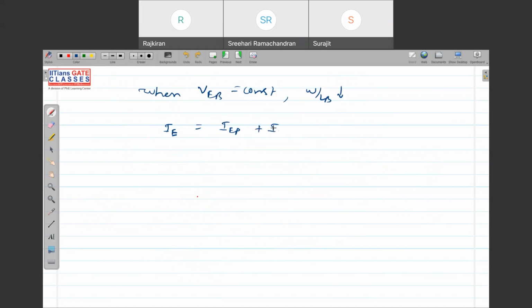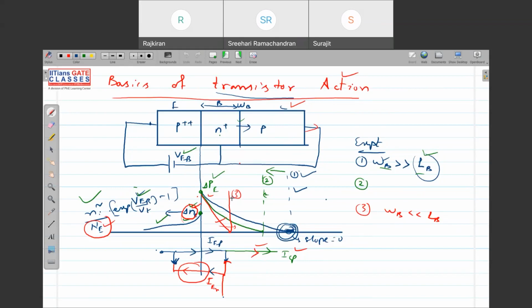This is the whole current. Electrons are flowing like this, so the current should also be like this.